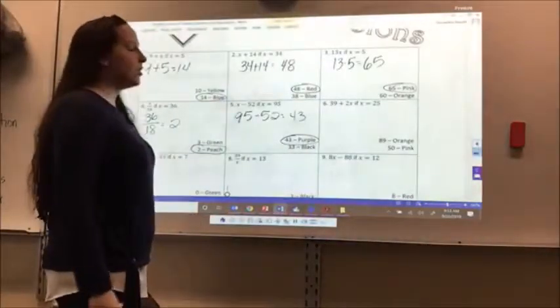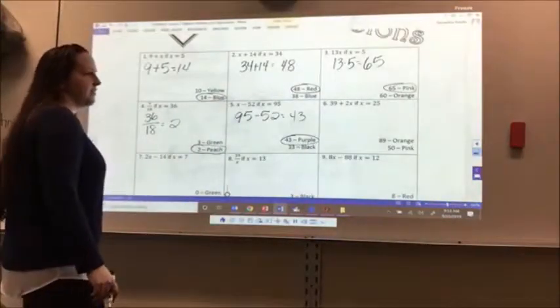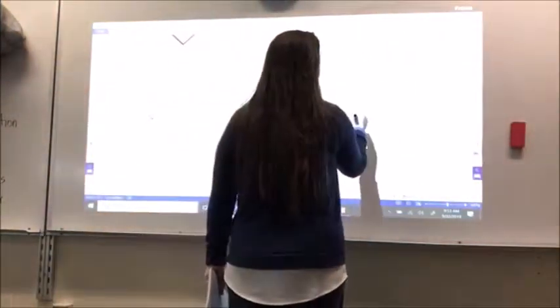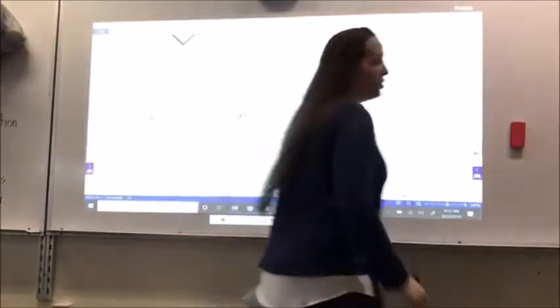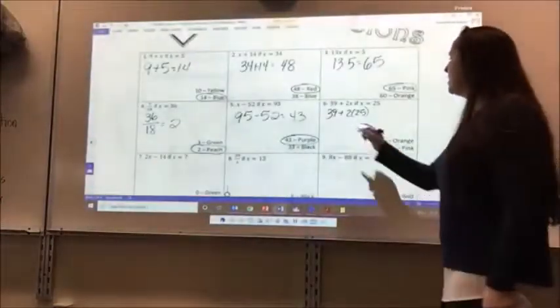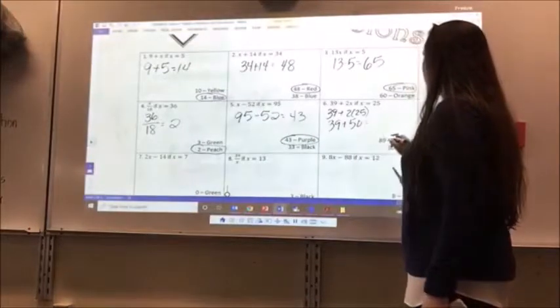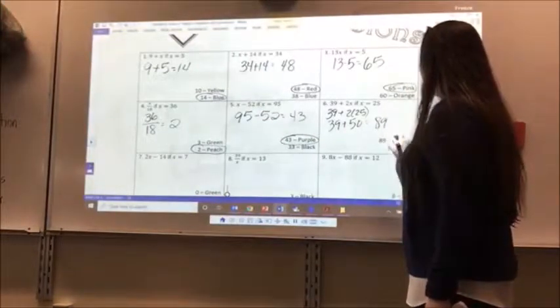Number 6, 39 plus 2x if x equals 25. So I have 39 plus 2 times 25. 2 times 25 is 50. So 39 plus 50 gives me 89, which is orange.